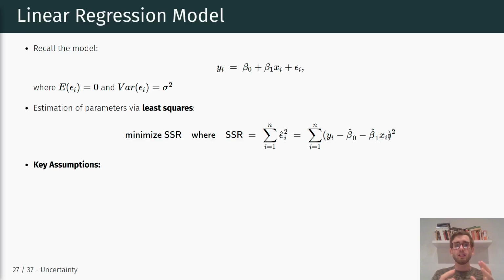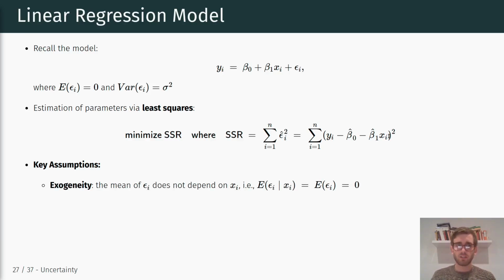As I mentioned, there are two key assumptions about the underlying data generating process. The first key assumption is what is often referred to as the exogeneity assumption, which is that the mean of epsilon i, the expectation of the error term, does not depend on xi.